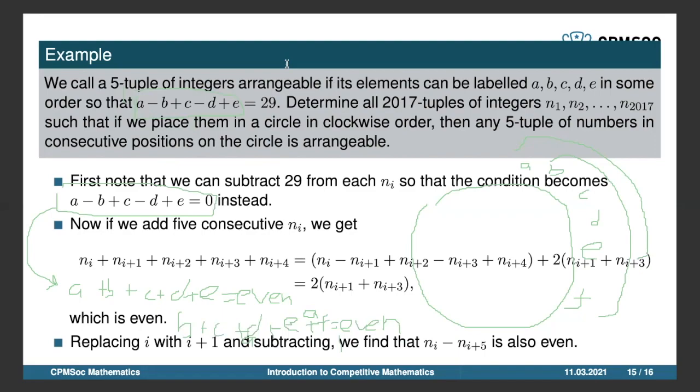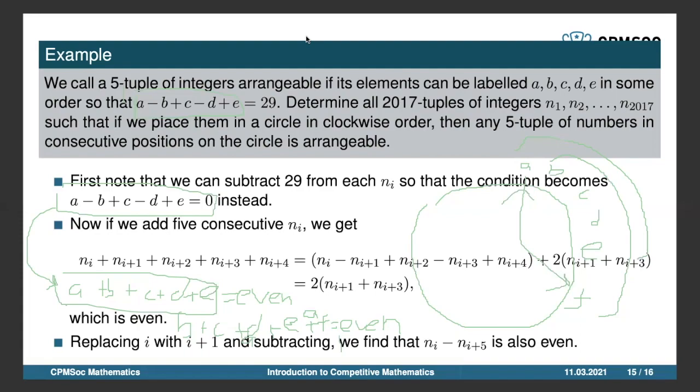And remember that each of these sums is even, so the difference will still be even. So A minus F is even, which is the same as saying A and F leave the same remainder when you divide by 2. So A and F are both even or both odd.